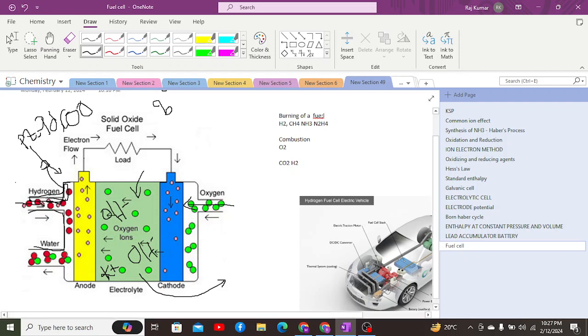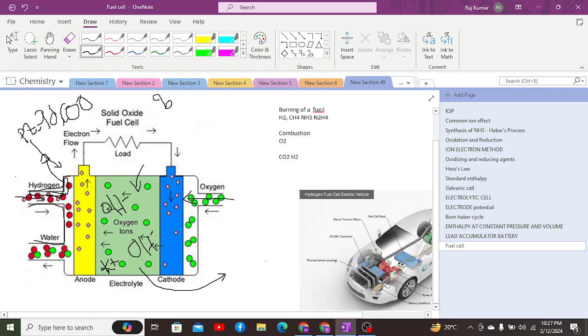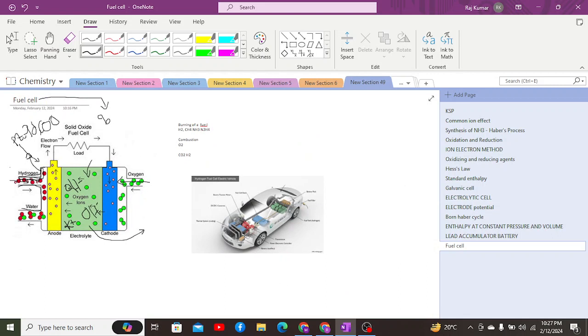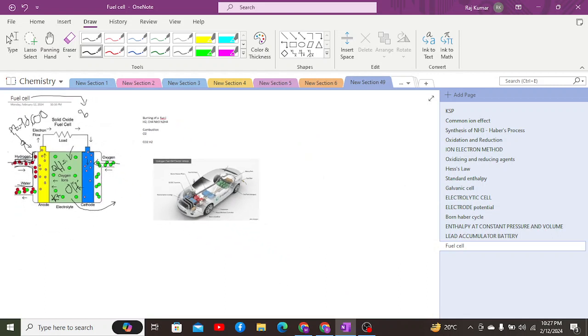Let's suppose we have two electrodes. Let's take this yellow electrode, which has hydrogen. That hydrogen electrode has a catalyst known as platinum.